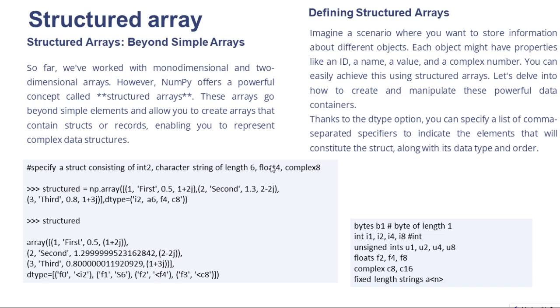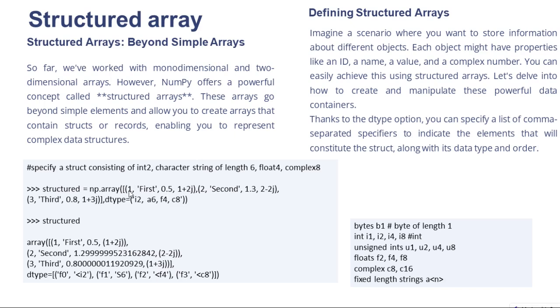So we can create a simple array of structures as items. For example, like this, we have created here a structured array. How do you create a structured array? From the NumPy library, you just say np.array and then you can specify all the items. The difference here is that each item can be of a different data type.